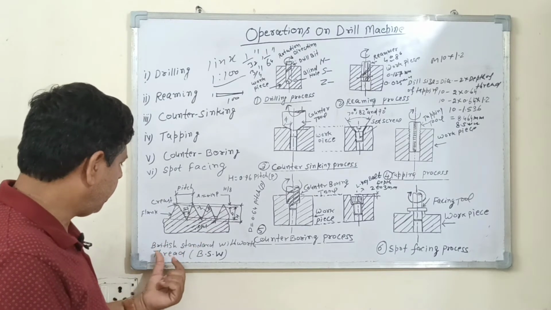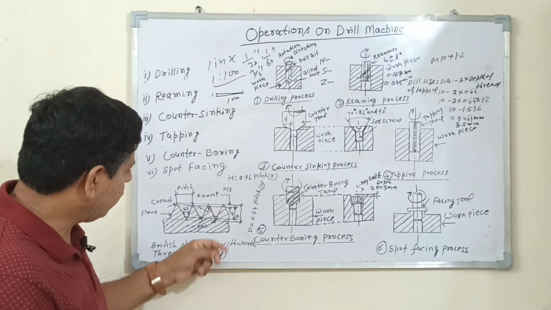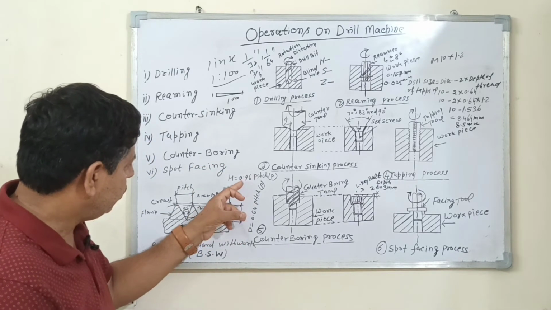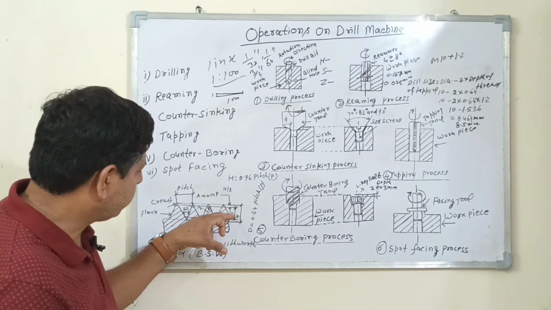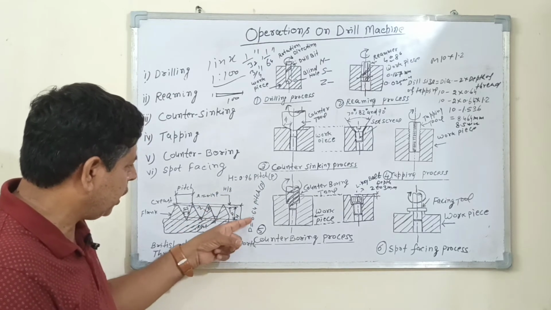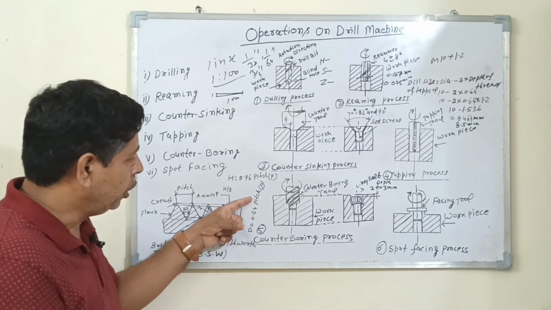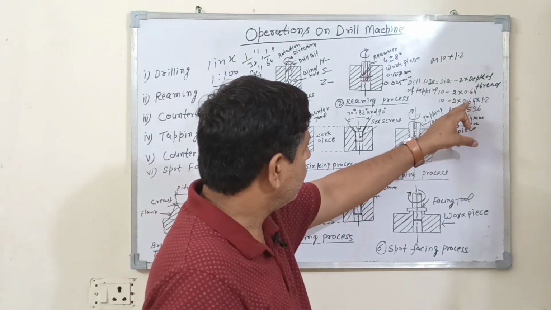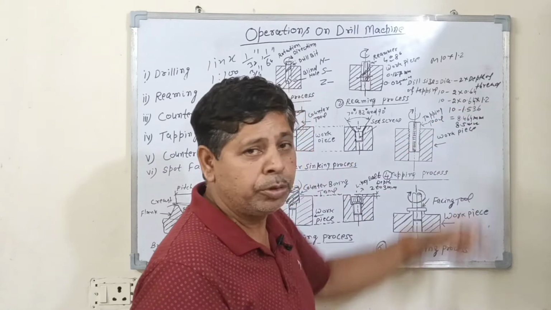This is the British Standard Whitworth thread, BSW. The height of the thread you will take as 0.96 pitch. The depth of thread is a standard form, 0.64 into the pitch. So put the value of depth of thread here: 2 into 0.64 into 1.2.